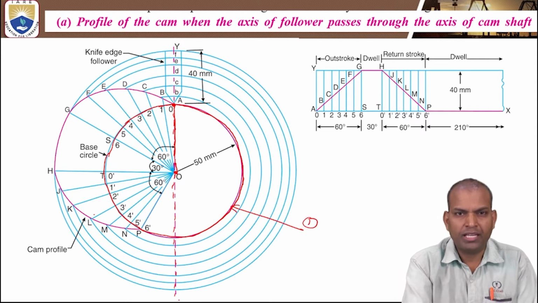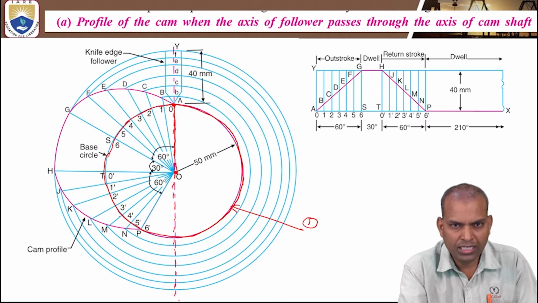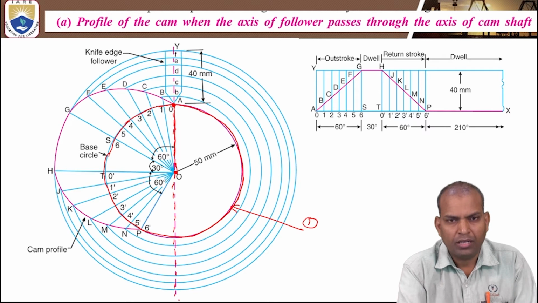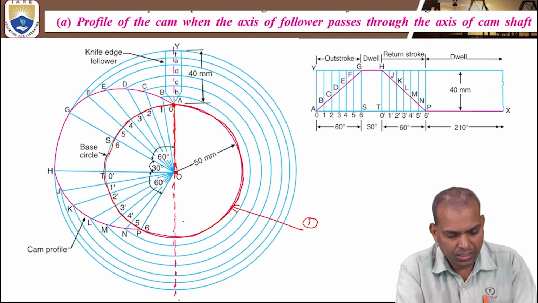Step 1, drawing the base circle. Next, what is the next step? Step 2, marking the point of the axis of the follower passing through the center of the cam. That is step 2.